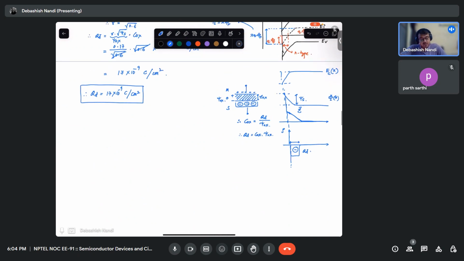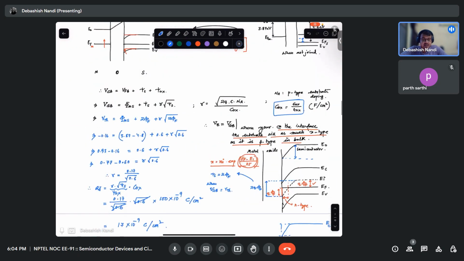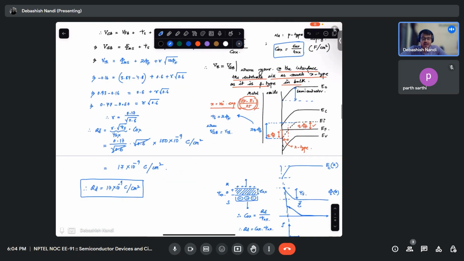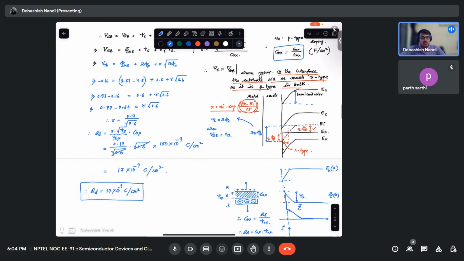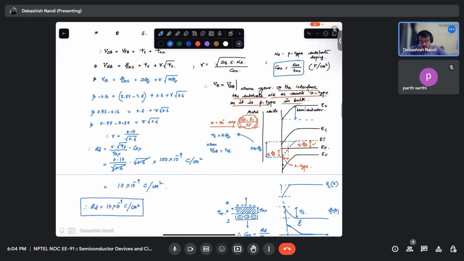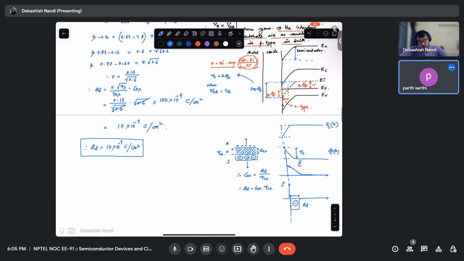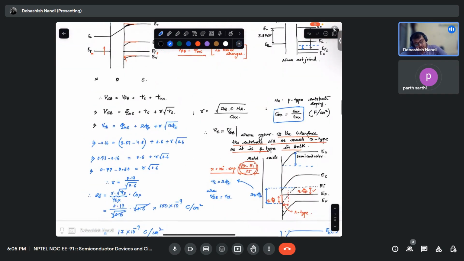So please tell me at this point. I know that I could not explain every concept in great detail, because that's what you are for, to read the lectures before coming to this kind of session. So given this discussion, if you have any query, you can please ask. Sir, gamma is nothing but this quantity, right?